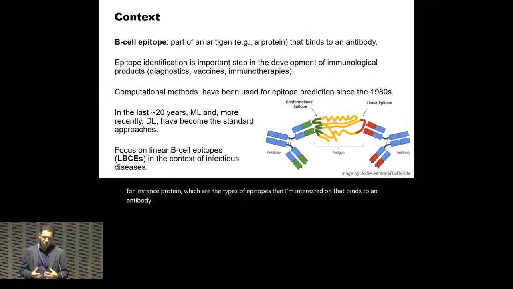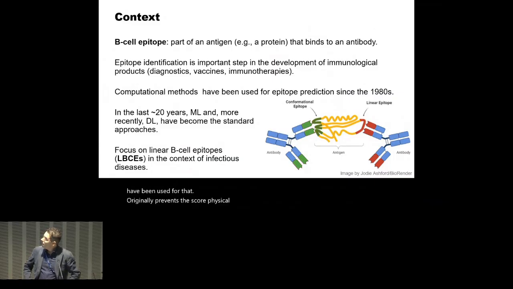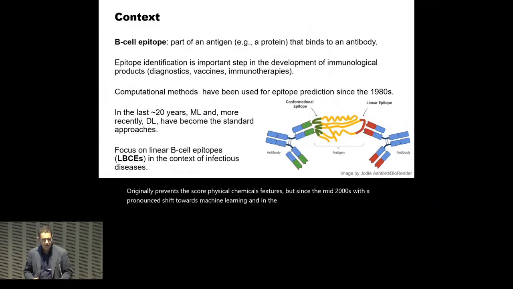Identifying epitopes is a crucial part of the development of many downstream immunological products. And since the 80s, computational methods have been used for that. Originally, propensity scores and physicochemical features, but since the mid-2000s, with a pronounced shift towards machine learning, and in the last 5 to 8 years, as with everything else, deep learning.